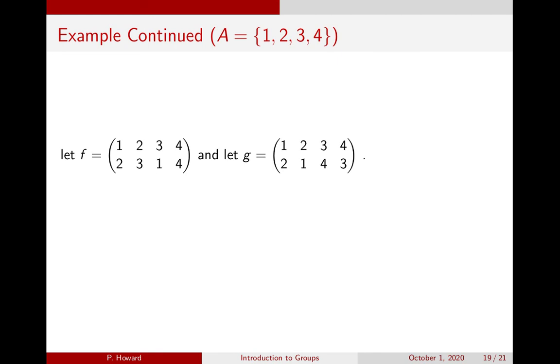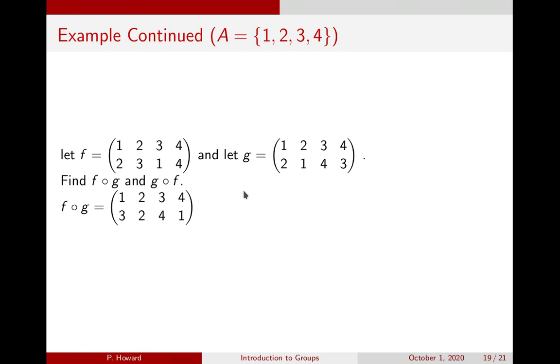So let's just do a few sample calculations in Sim of A. These are pretty similar to calculations we did earlier when we were discussing A to the A, so we won't spend too much time on these. I just wanted to calculate F composed with G and G composed with F. So F composed with G sends 1 to 3, 2 to 2, 3 to 4, and 4 to 1.